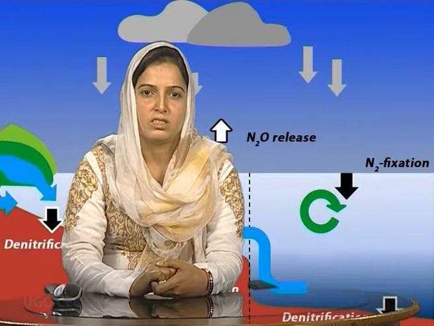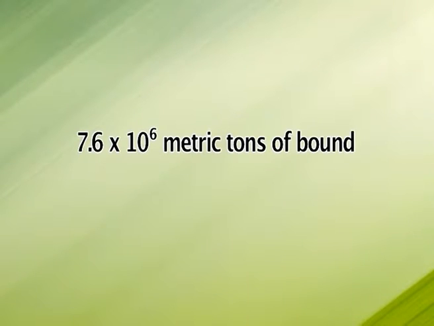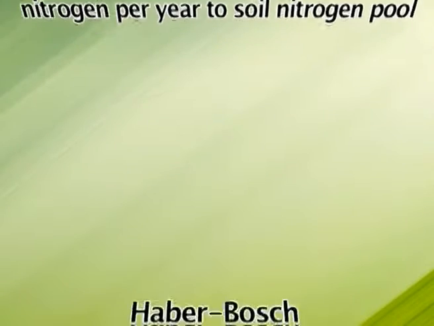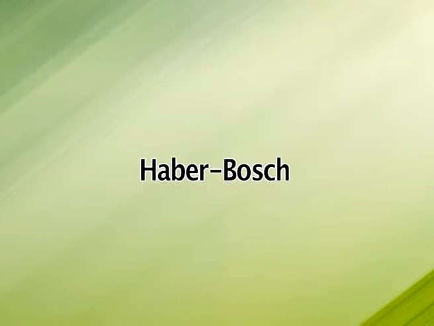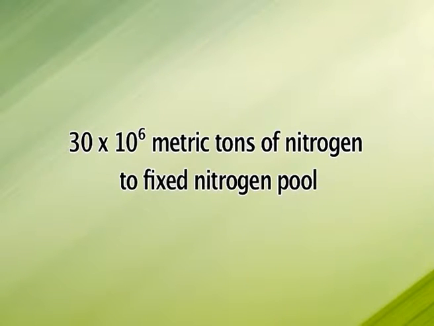The other two methods jointly contribute only 7.6 × 10⁻⁶ metric tons of bound nitrogen per year to soil nitrogen pool. Haber-Bosch process, which is used in manufacture of synthetic nitrogen fertilizers, contributes 30 × 10⁻⁶ metric tons of nitrogen to fixed soil nitrogen pool.